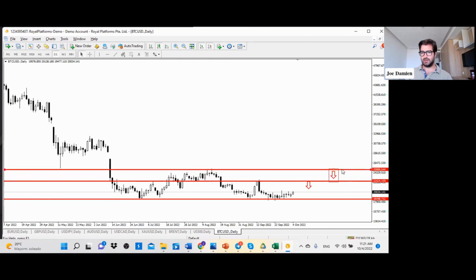If not, we're looking at 25K as another level to short this asset in case this level is tested. Okay, so for BTC, we're bearish, but we need to look for areas to sell. We cannot sell it from here. There is no strong level to sell. The strong levels are 22,000 and 25K for short selling the BTC USD.